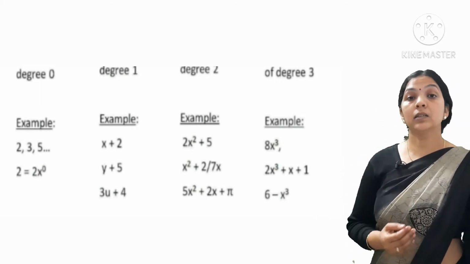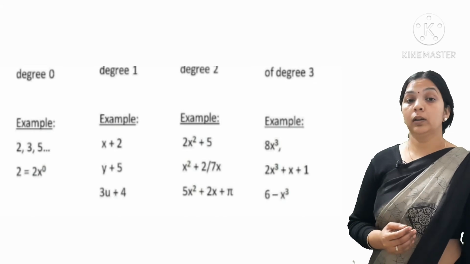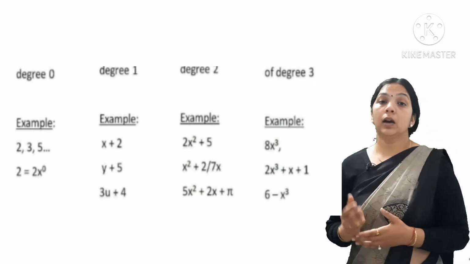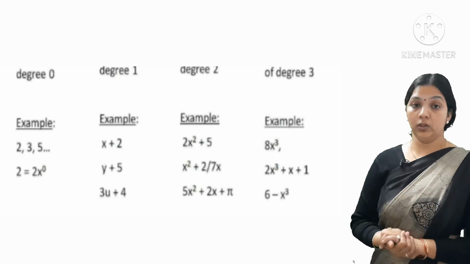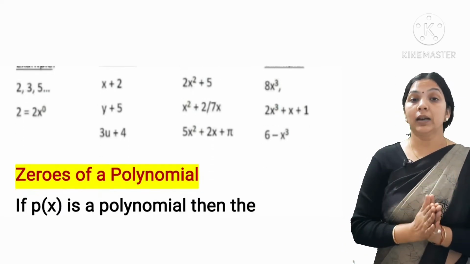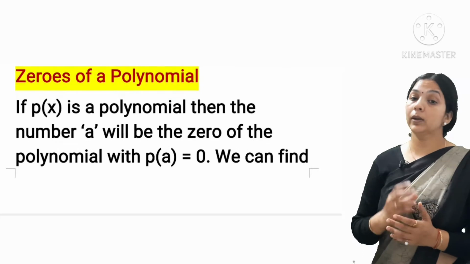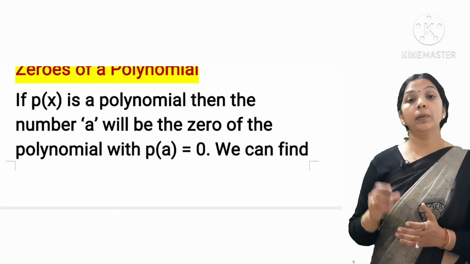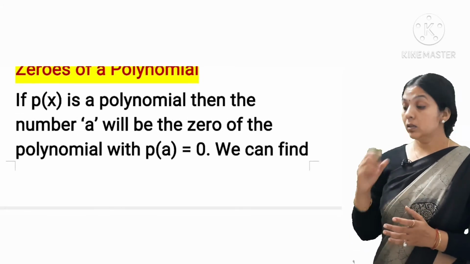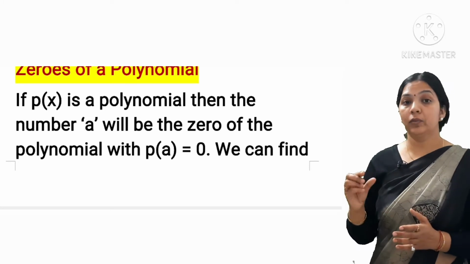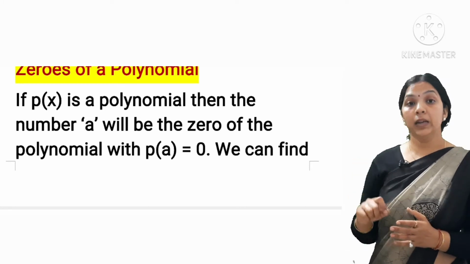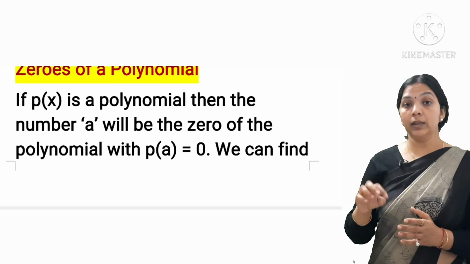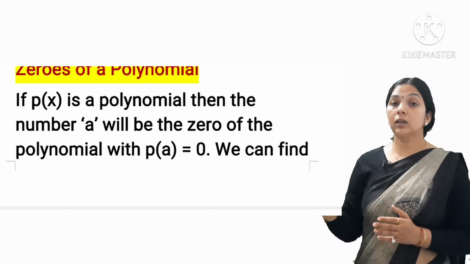Now, next is the 0 of the polynomial. The 0 of a polynomial is the same as the solution of an equation. If we have any polynomial p(x), then a number a is known as the 0 of that polynomial if we place the value a in place of x and the result becomes 0.